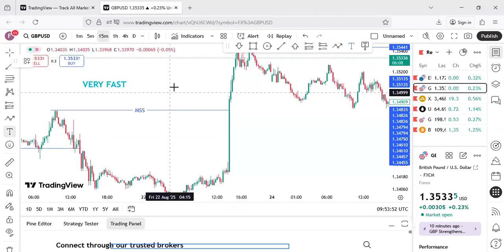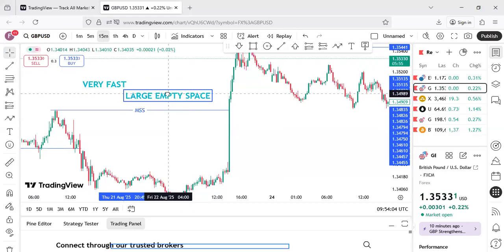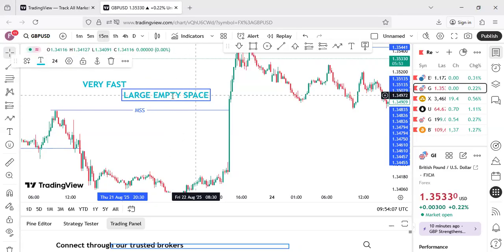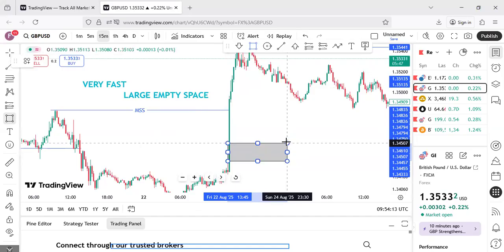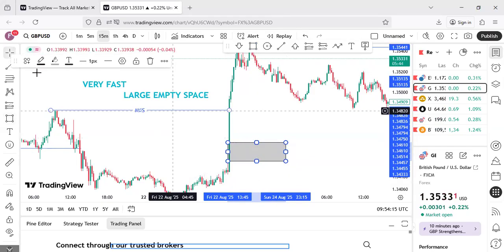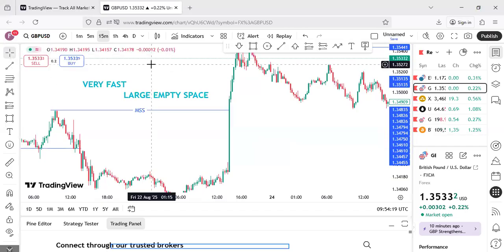Everything about liquidity void is large, very large. The empty space must not be small like this. If it is a small one, this is a fair value gap. Don't worry, we are going there. But in the case of liquidity void, it must be large.